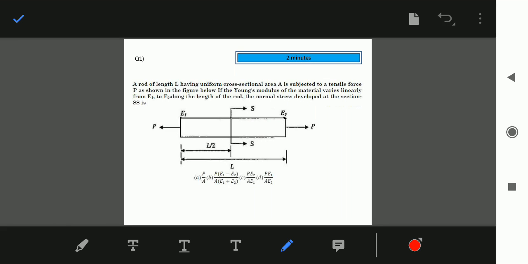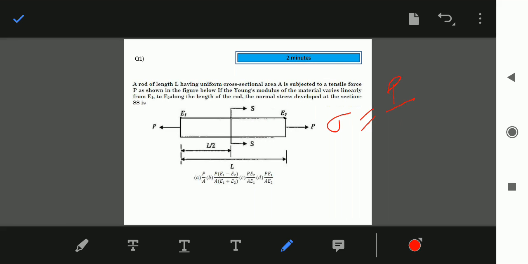Coming to the first question. It said that throughout the length the Young's modulus varies, and we have to find the normal stress developed in the given section. This was a very conceptual and easy question, because we know that stress, that is sigma, is independent of E. Why?